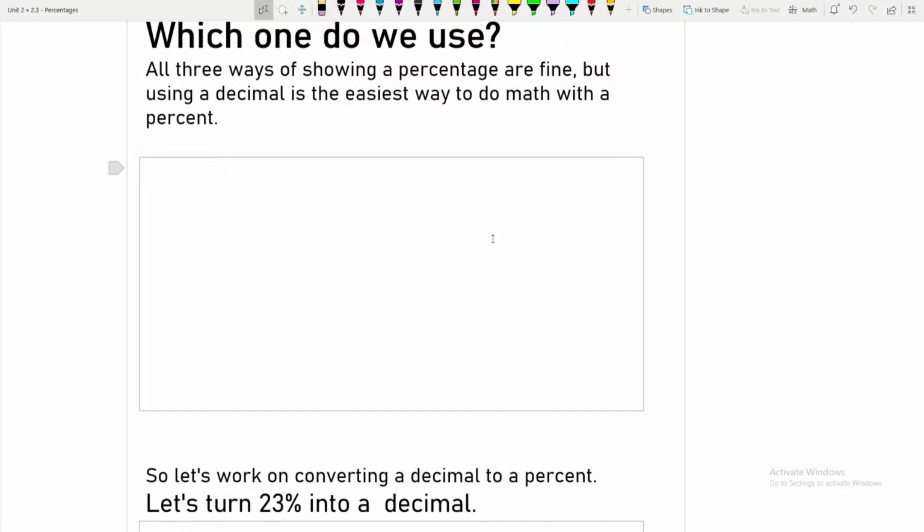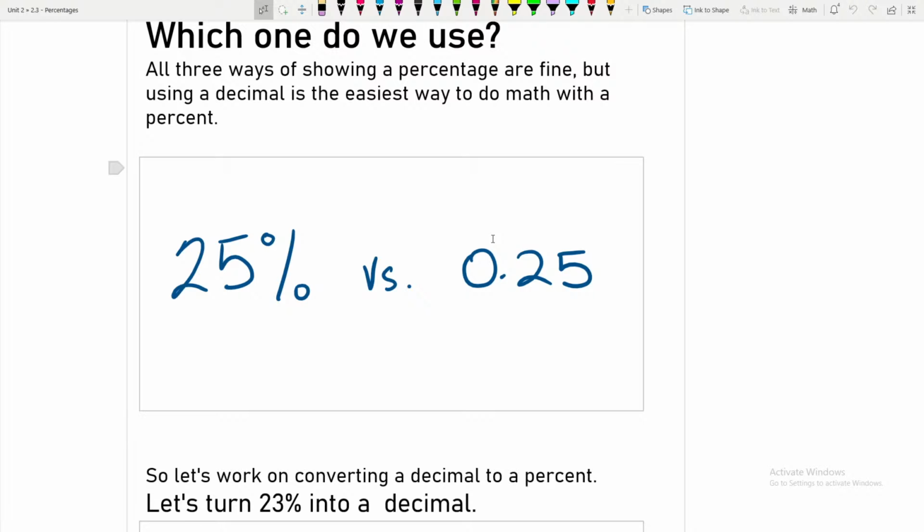What I would say is in this class, most often you'll see either the percentage form or you'll see the decimal form. And I would say the percentage form is probably easier to understand. We naturally look at that and we go like, oh yeah, I know what 25% is, sort of intuitively.